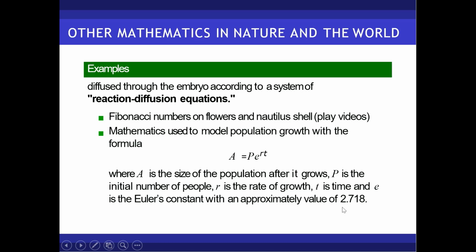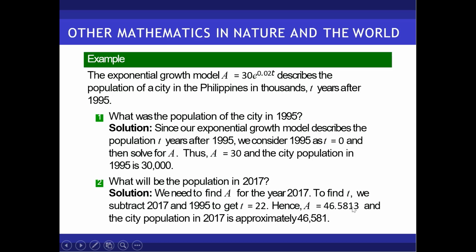In your calculator, you can find the number e. So that's a constant number equivalent to 2.718.